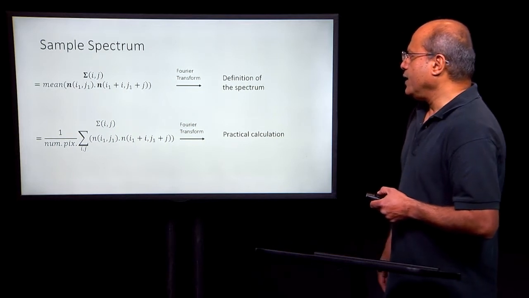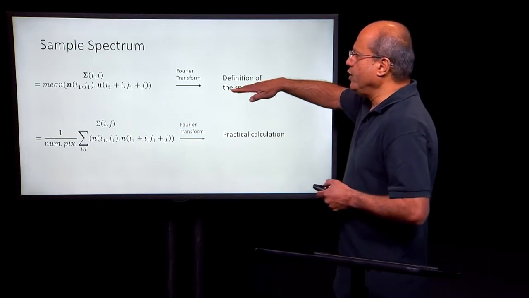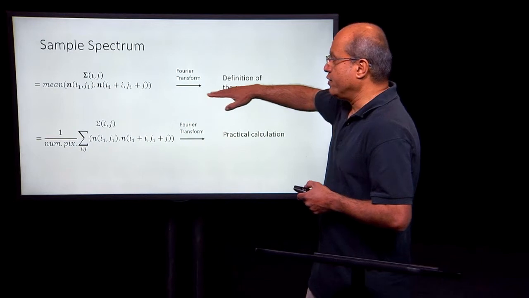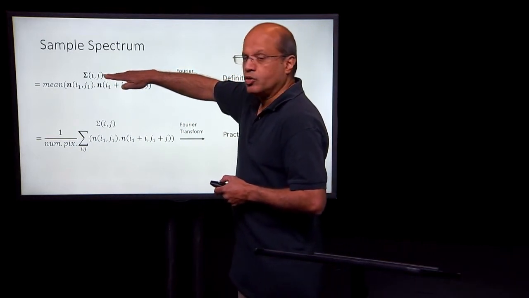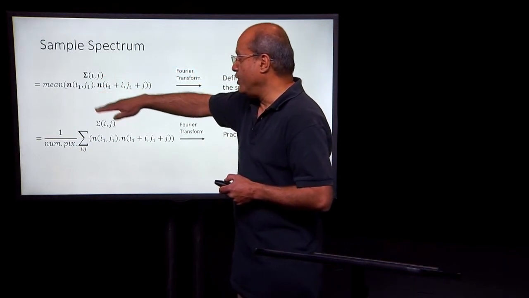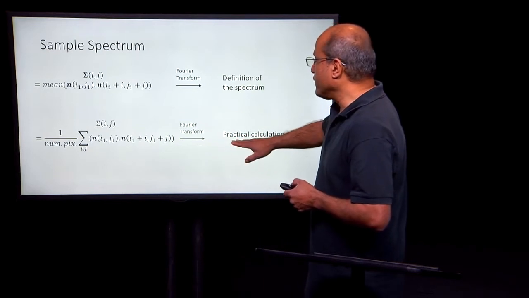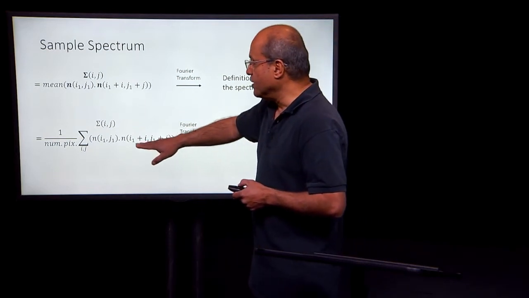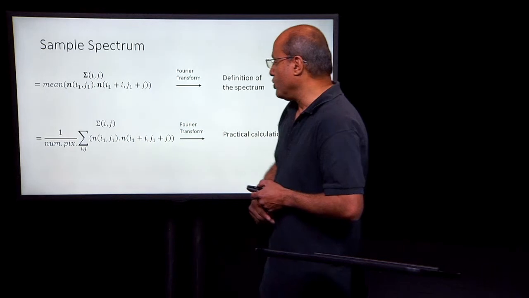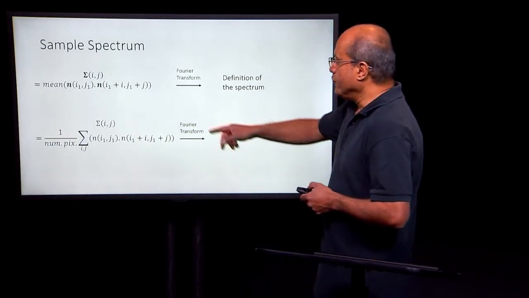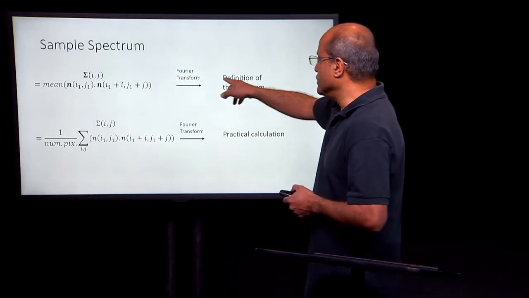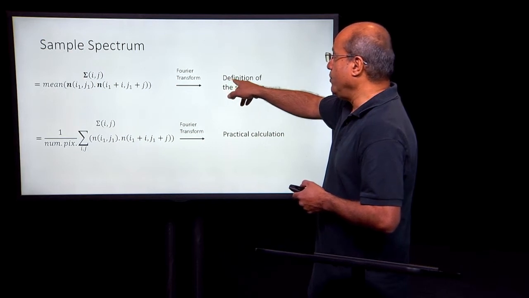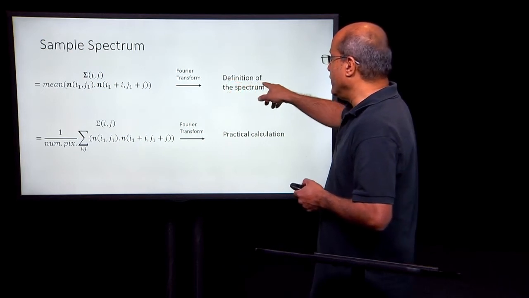Okay, and here again, we have to distinguish between the real definition of the spectrum, which uses the true autocorrelation function given random variables, with the spectrum that you calculate using a single image, which is the sample autocorrelation function. So if you took the true autocorrelation function, took its Fourier transform, and took the magnitude of that Fourier transform, you would get the real spectrum.